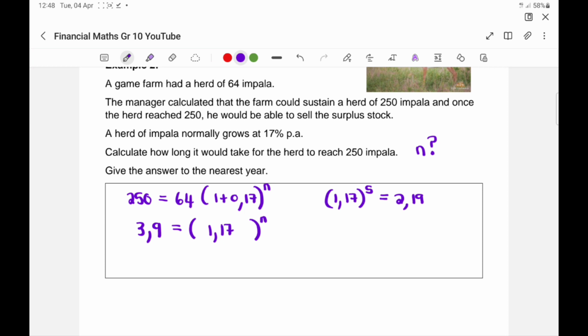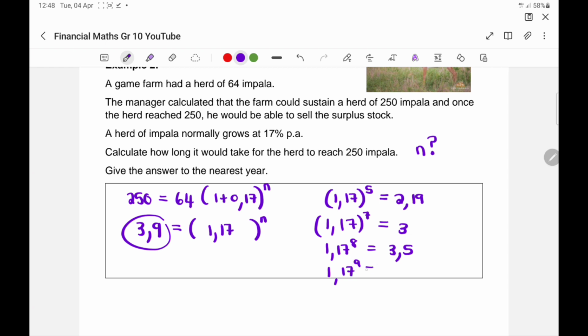Let's say 7: 1.17 to the power 7 will give you 3. Then 1.17 to the power 8 gives you 3.5, which is closer to what we want, 3.9. 1.17 to the power 9 gives you 4. Can you see that it's between these 2 years? So it's between 8 and 9 years.